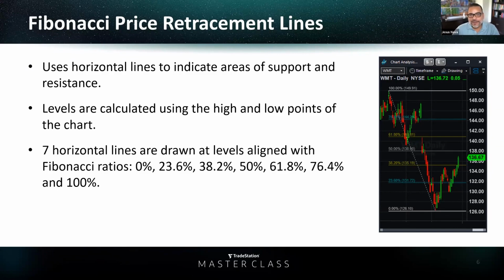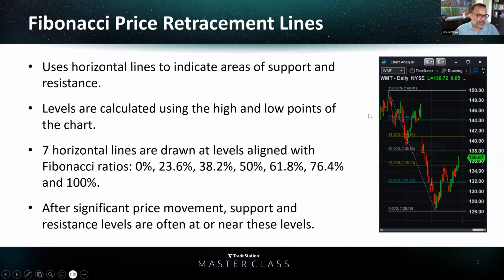The 50 itself is not really a Fibonacci number, it's just halfway through the measurement from 0 to 100. 0 and 100 are determined by what you click on the chart. So the first click is going to be your 100, and then your second click is going to be your 0. We're going to take a look at that on the TradeStation chart so that it makes more sense.